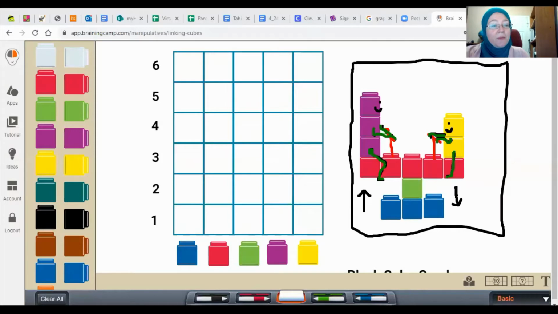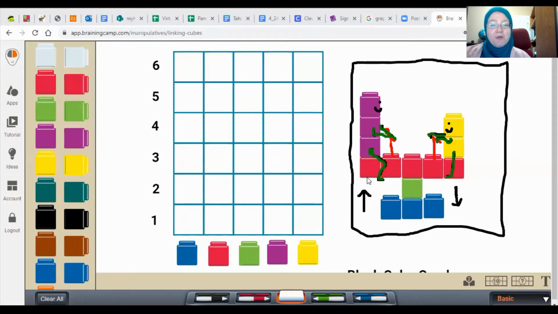And I want to show you some examples. So I'm going to share my screen with you. So in my first example, I've created a picture right here in this black box. And I've used blocks, colored blocks, to make my picture. Some friends are seesawing.